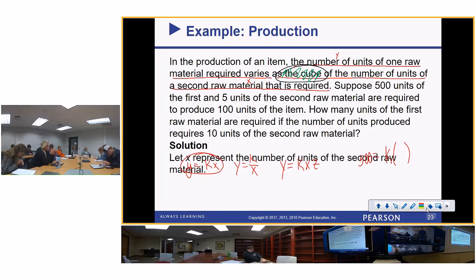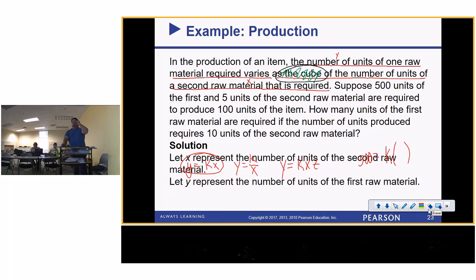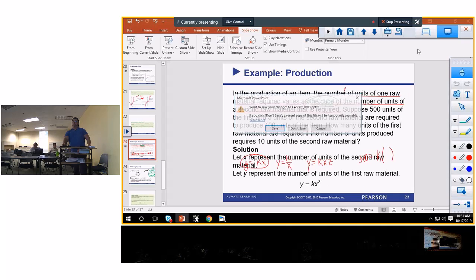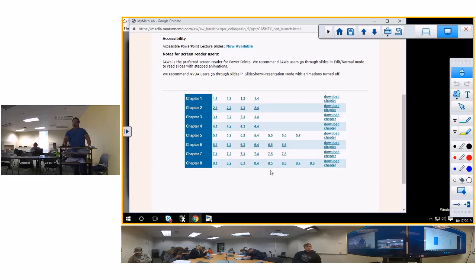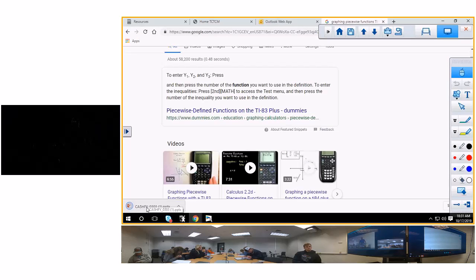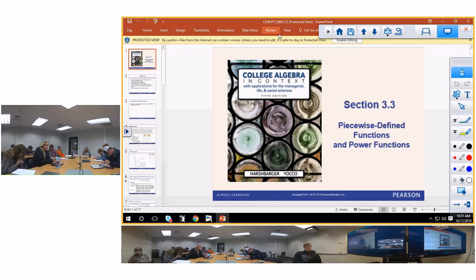Now we're not even erasing anything. Let me do this. Escape. Get out of this. Go back to this. 3.3. Sorry about this. I should just call class off, shouldn't I?